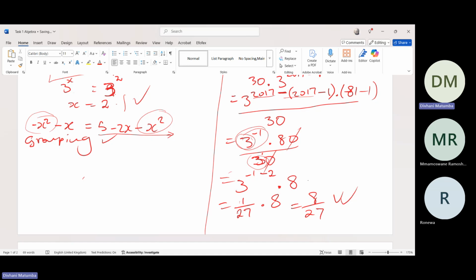So the best way to do that, if I take x squared to the other side, when it comes to this side, it will be plus x squared. Do you agree? Yes, sir.